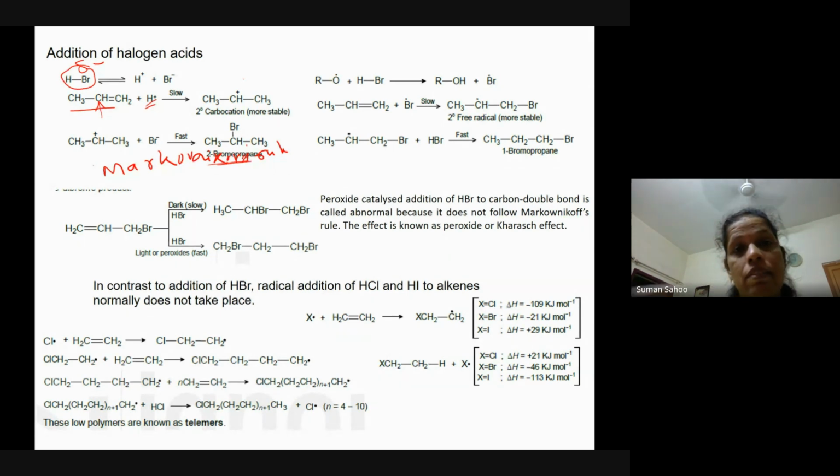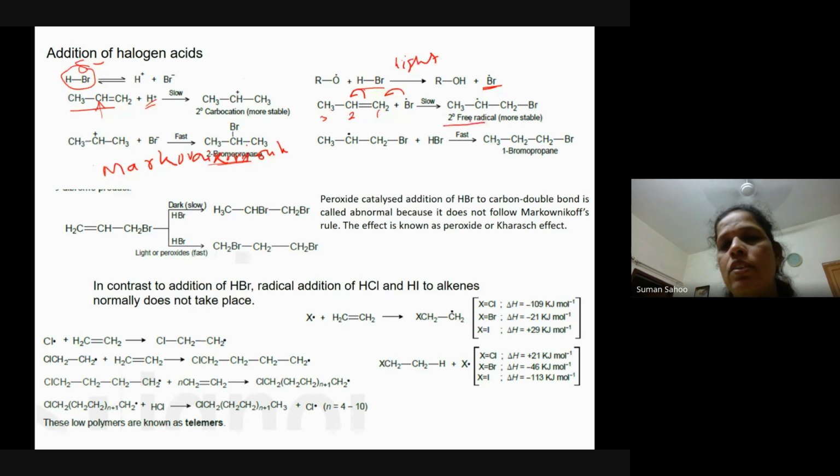But whenever you are using HBr in presence of peroxide, that is also known as the Kharasch effect, or in presence of light, that generates a bromine radical. In this case the bromine radical attacks first, generating a free radical. Bromine can either go to this carbon to generate a secondary free radical, or attack carbon number 2 to generate a primary free radical.